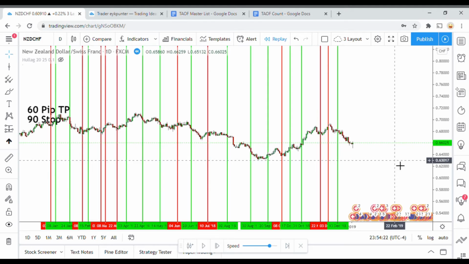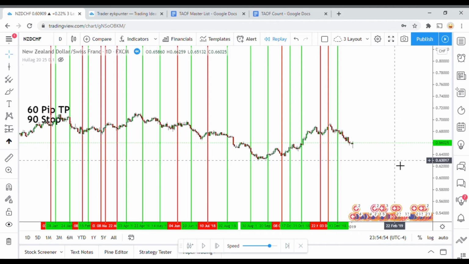So, interesting to note that when we did the moving average tests, the whole moving average was able to achieve a 58% win rate. And interestingly enough, this indicator is almost exactly 58% as well.